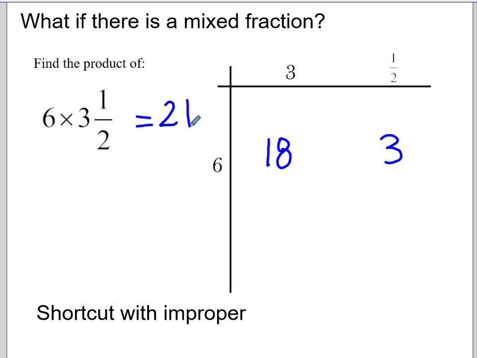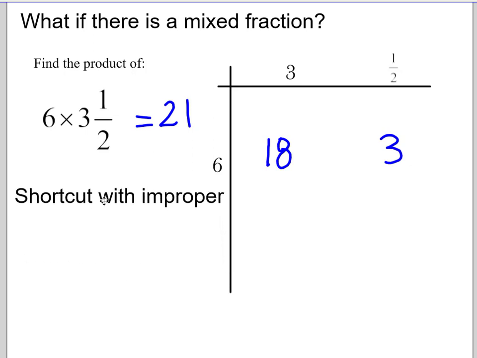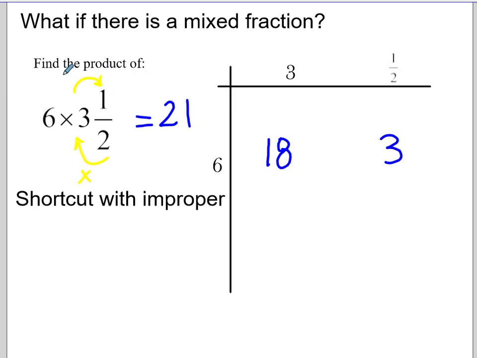Okay, now we can also do this with improper fractions, and there's a nice quick way to do this as well. We do have to know how to change this mixed number into an improper fraction. So the shortcut was 2 times 3, so we multiply this piece and add this piece. 2 times 3 is 6, plus 1 more is 7, so 7 over 2.